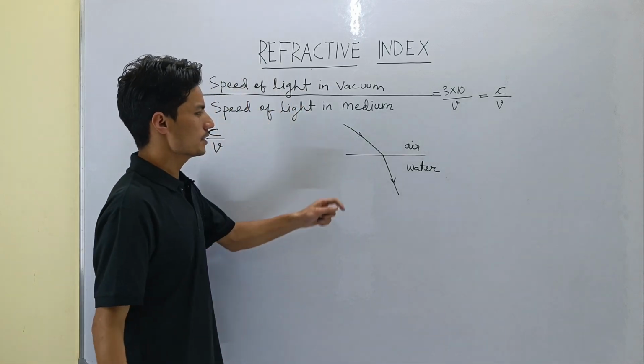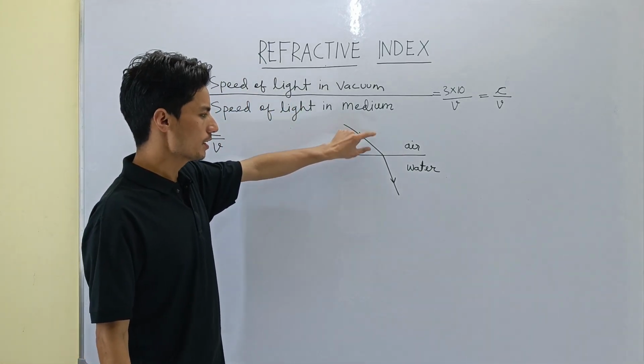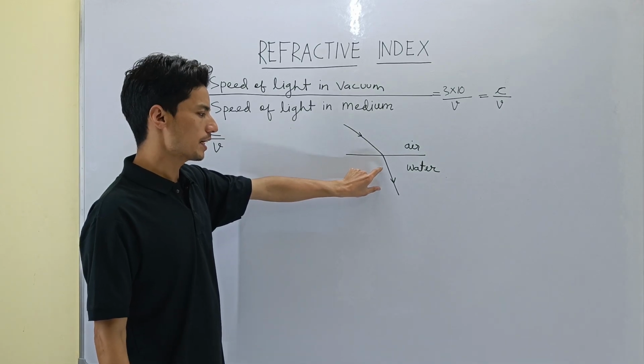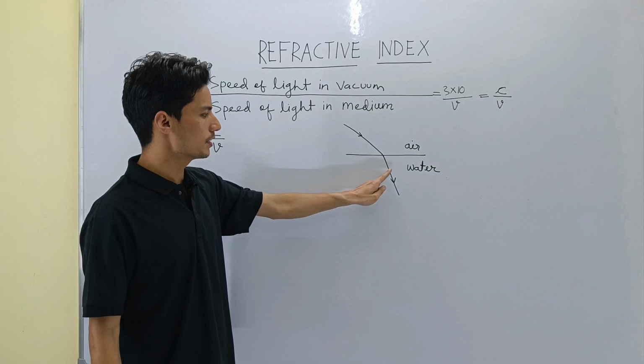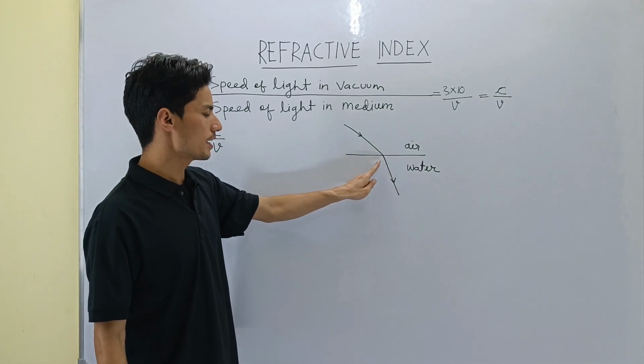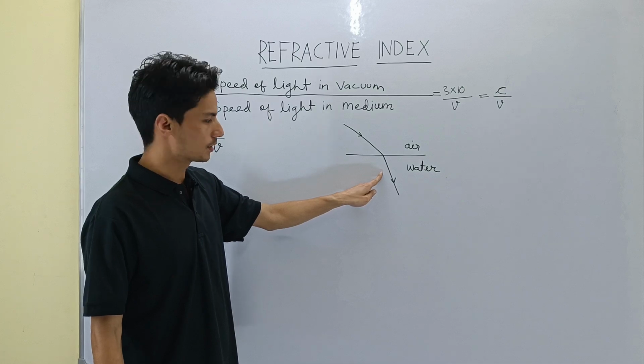The medium in which the incident ray is traveling is air, and the second medium happens to be water. So the refraction is happening in the water. The ray is traveling inside the water.